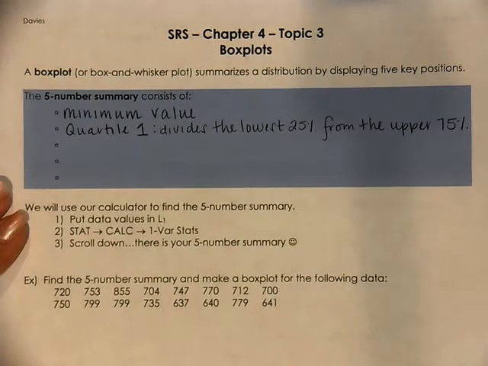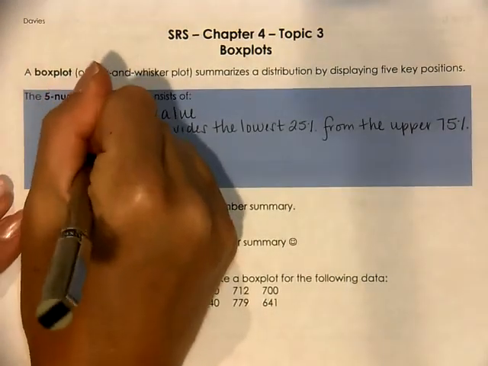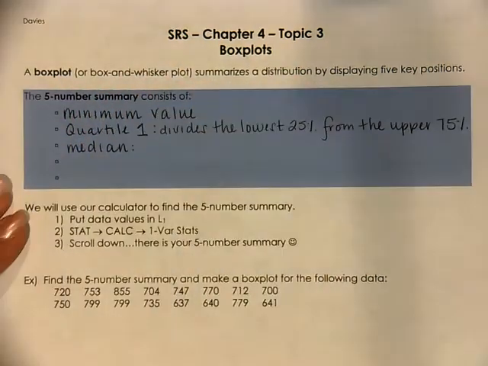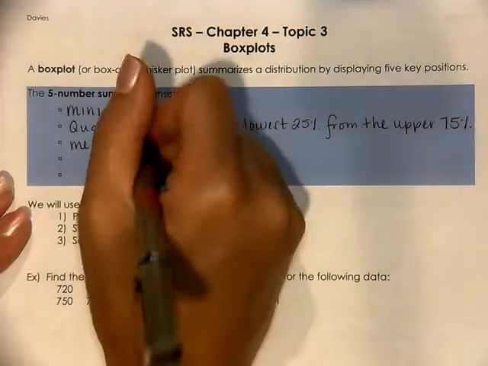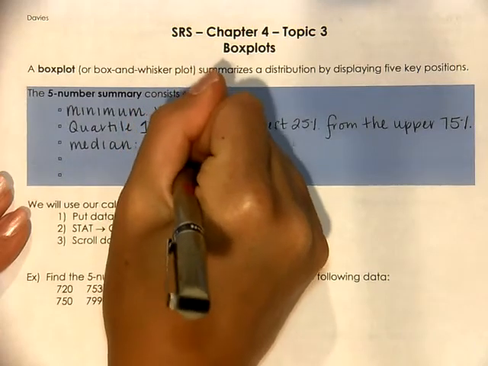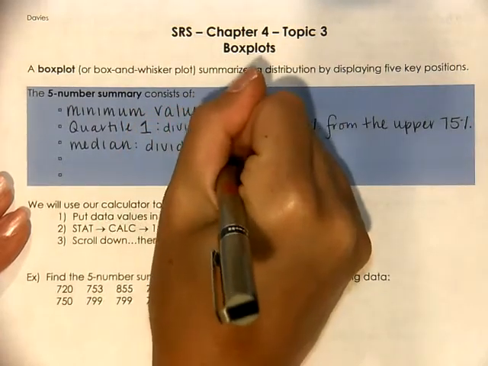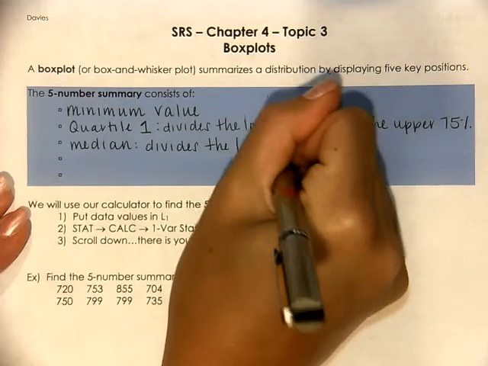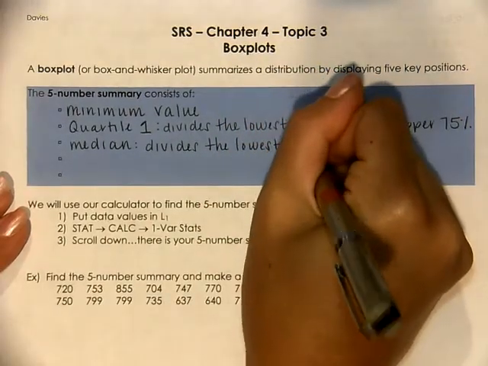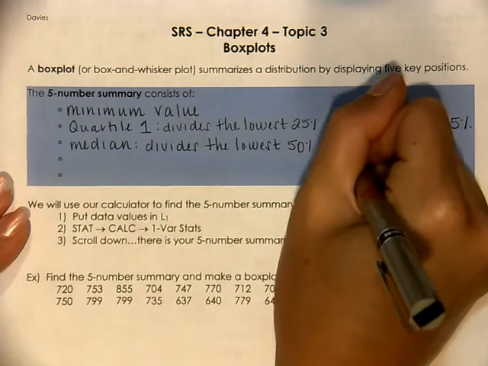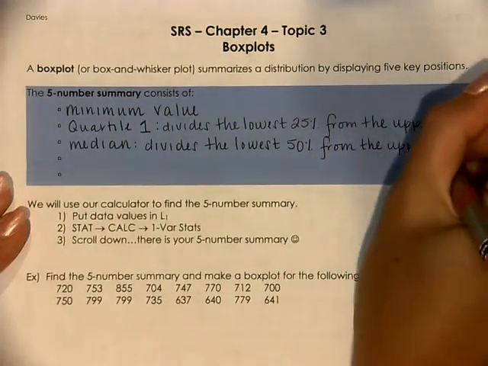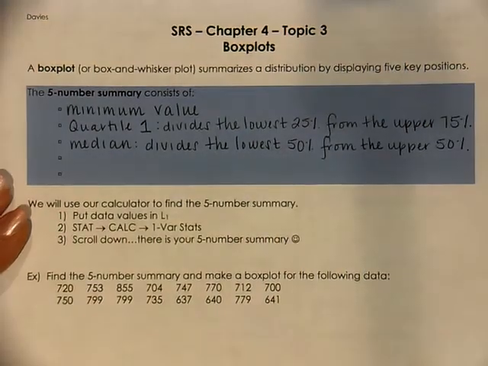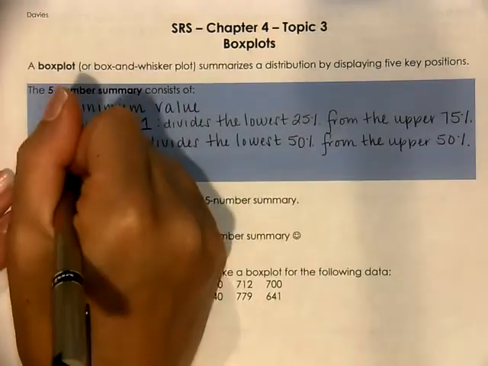The next number in the 5-number summary is the median. And since we learned yesterday that the median was the middle number, the median divides the lowest 50% from the upper 50%. The fourth number is what we call quartile 3.